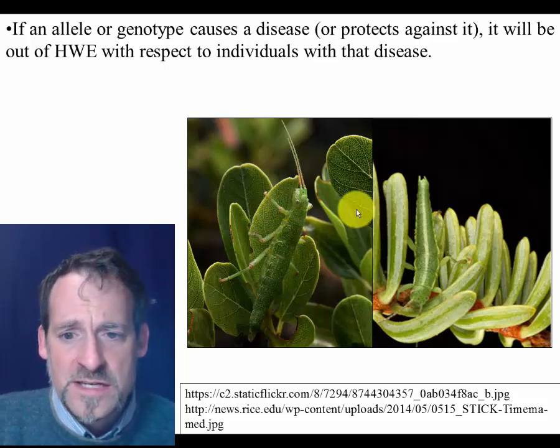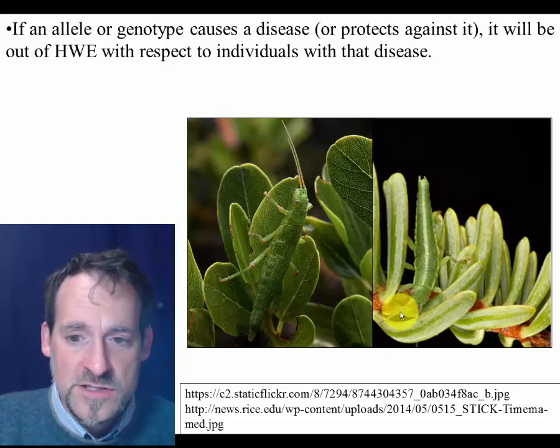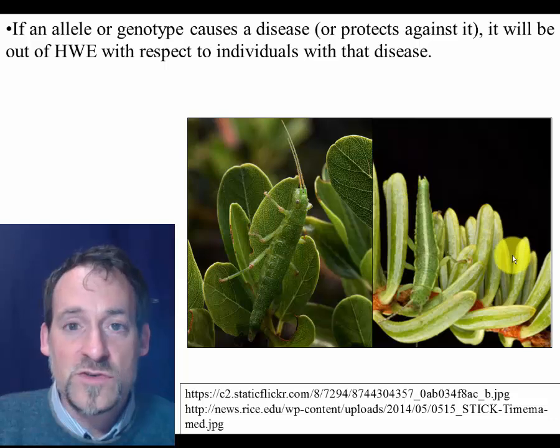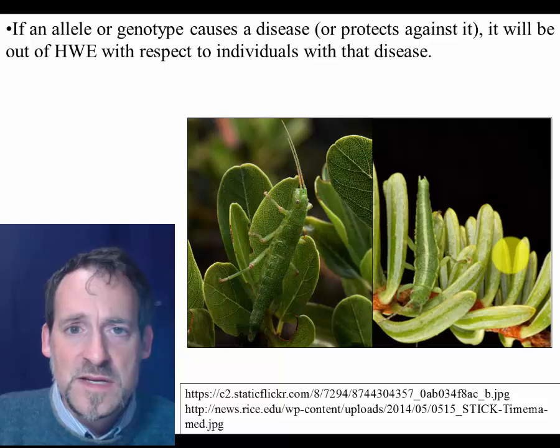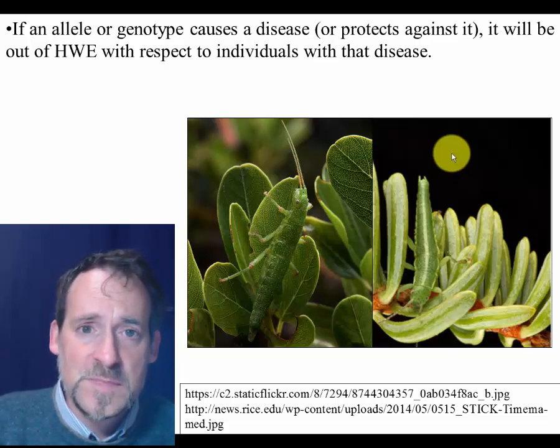What some researchers did is they took large numbers of these insects and they put them on the wrong plant. So they put the striped insect over here on the speckled plant and the speckled insect over on the striped plant. Then they just left them there for 8 days and then came back and collected all of the survivors that they could find.